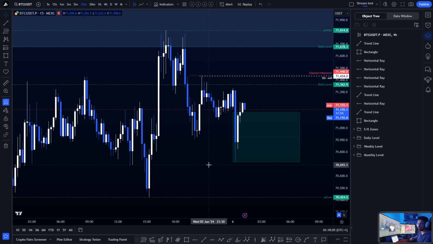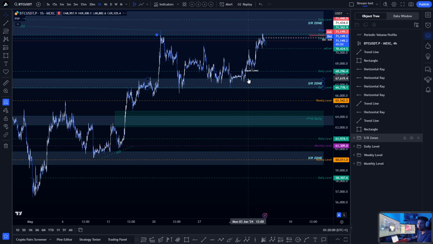So after doing liquidity, only then do I need indicators. In this case, I get the points of control first, see if there's any naked ones, and I try to do this in a little bit higher time frame.